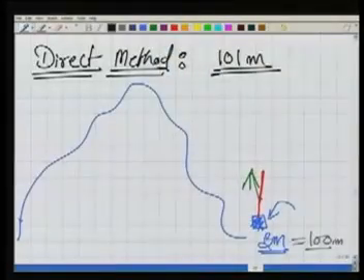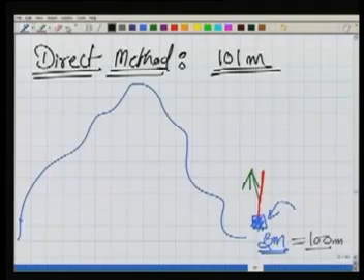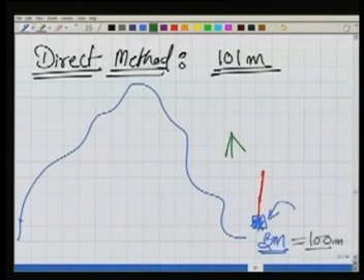This is what we are going to see now. Well, I have taken a backside here. In order to have more clarity, I remove this from here, and our level, let us say, is rather kept here. This is the level, and I take a backside on this staff which is kept at the benchmark, and the backside is, let us say, 2 meter.